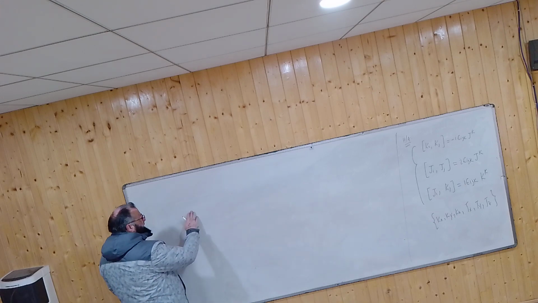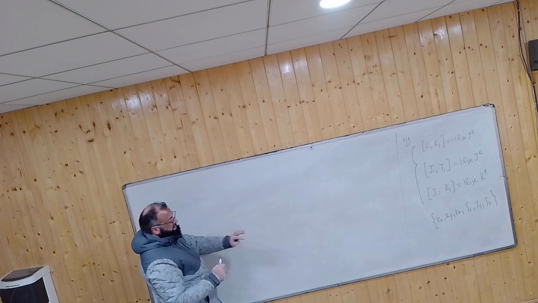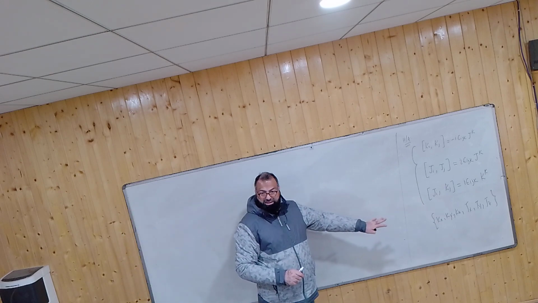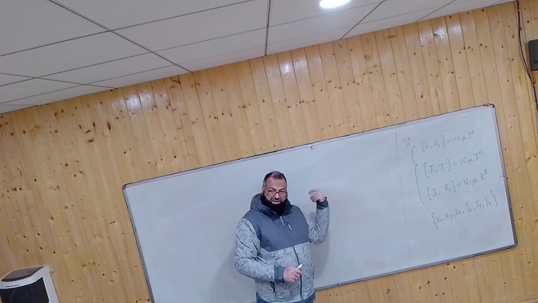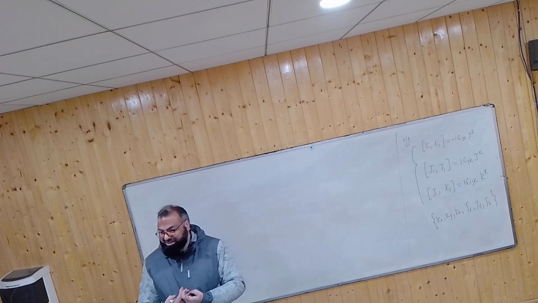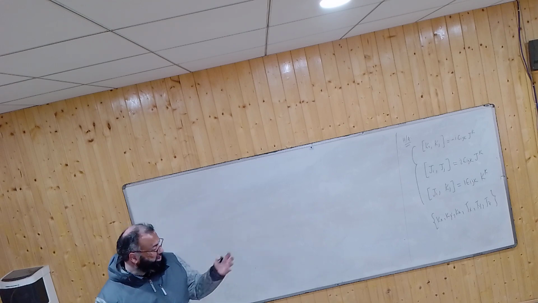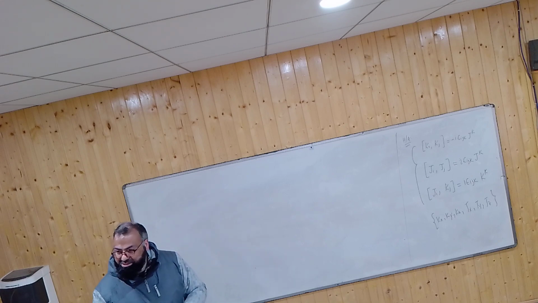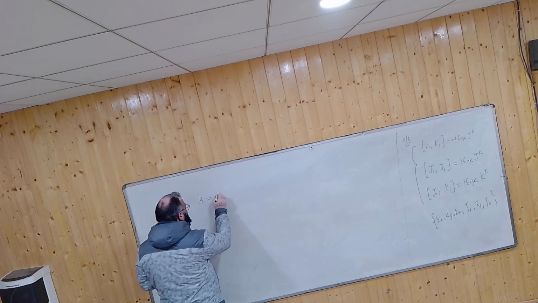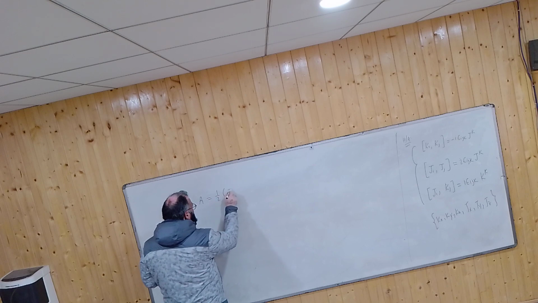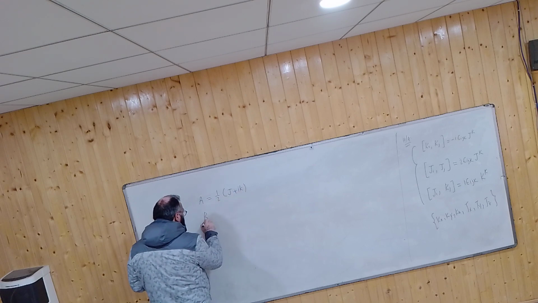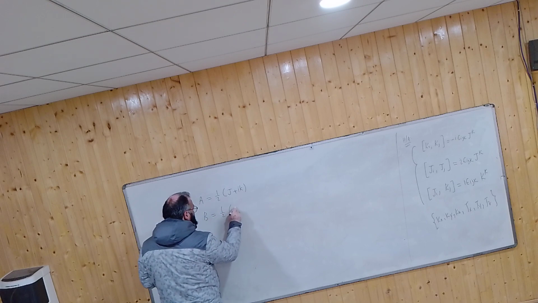Okay, so let me construct it for that matter. I'm having two types of generators here: boost generators and rotation generators. What I will do, I will construct a new form of generators from these boost and rotation generators. Let me define a generator A equal to half of (J plus iK), and another generator B. So these are the two possibilities I can construct.